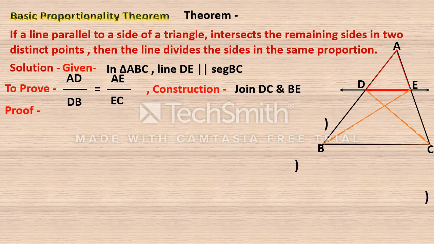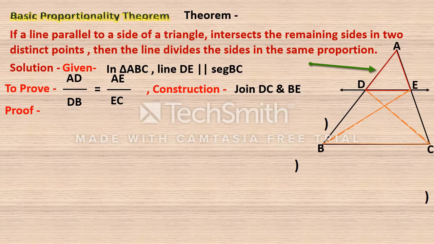When the height is equal. AD and DB, if we consider them as bases, then we want the height from which point we can draw it.